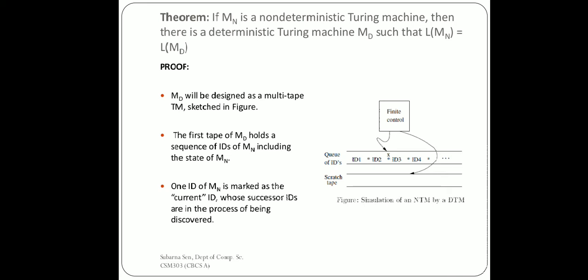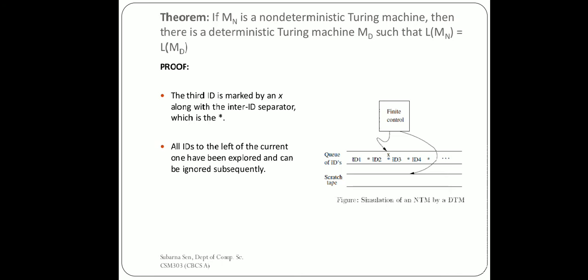They have not yet been visited if we just initiate the Turing machine. Here the third ID is marked by an X along with an ID separator, which is a star. It is pointing to the third ID, that's why it has been marked with an X. Now all the IDs to the left of the current one have been explored and can be ignored subsequently.